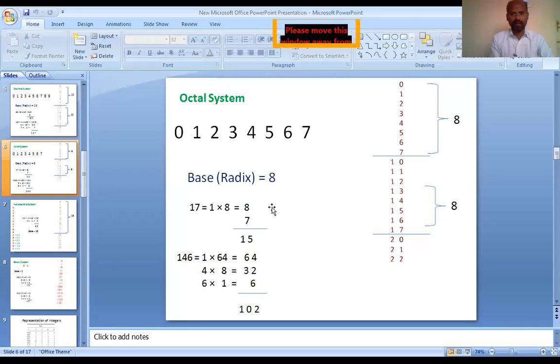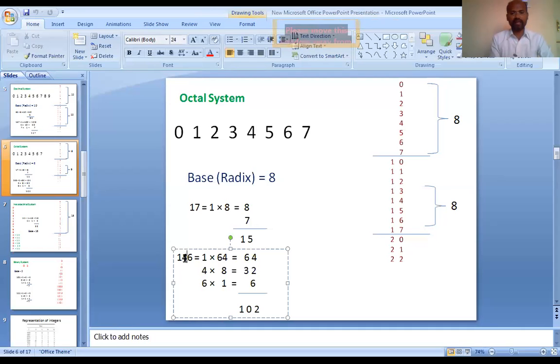And we have seen some examples also. Next one, let's say 146. 146 is the octal number in the counting. What is its equivalent in decimal? This is how we calculate. This 6 means current counting is on 6. 4 means we have used all the symbols 4 times.